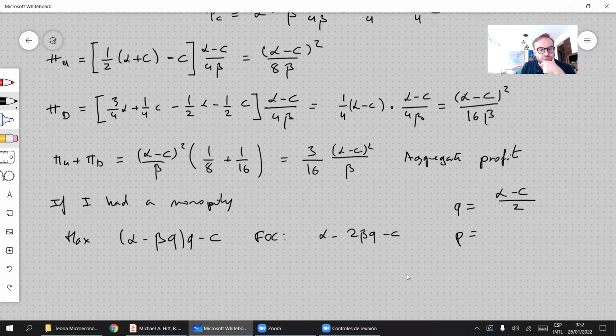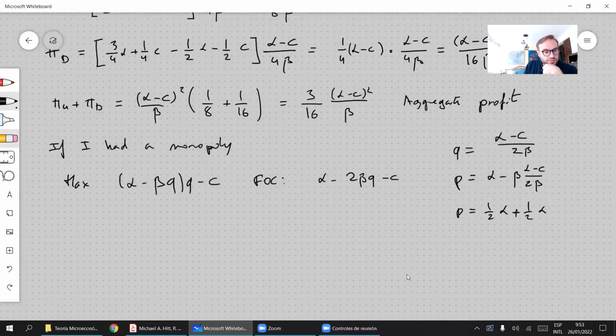The price to the consumers would be, I need to do the computations, alpha minus beta times (alpha minus c) over 2 beta. I need a beta here, right? So these are going to cancel each other out. I'm going to get half an alpha plus half a c.